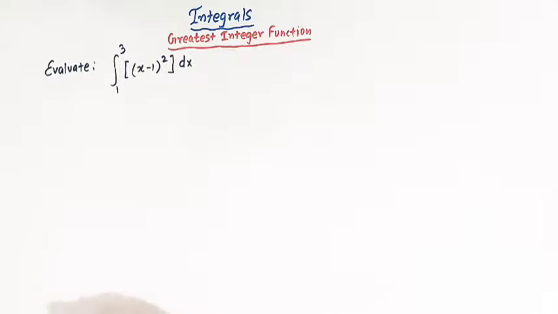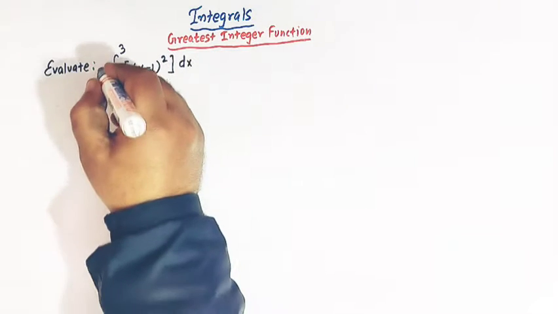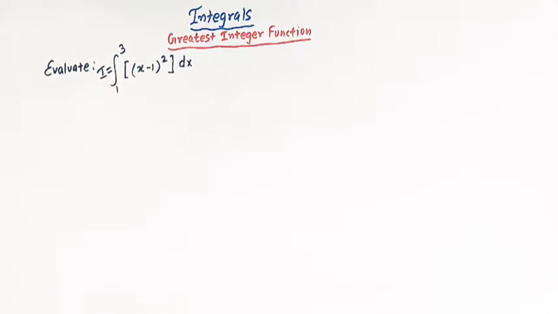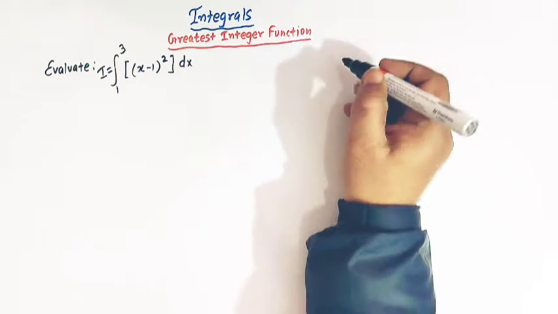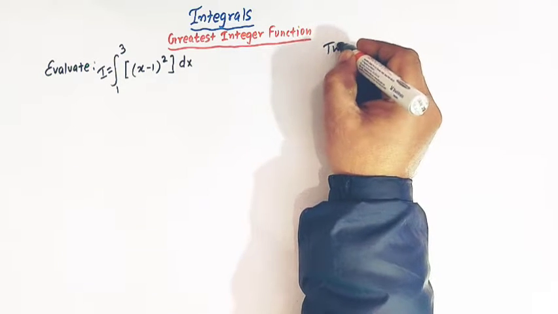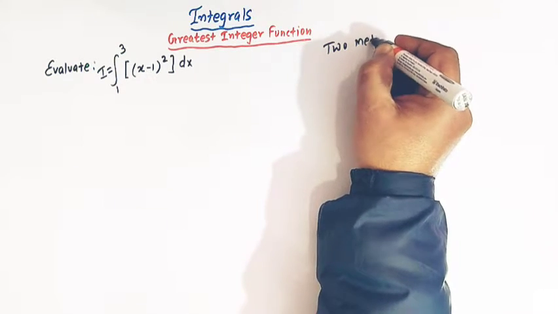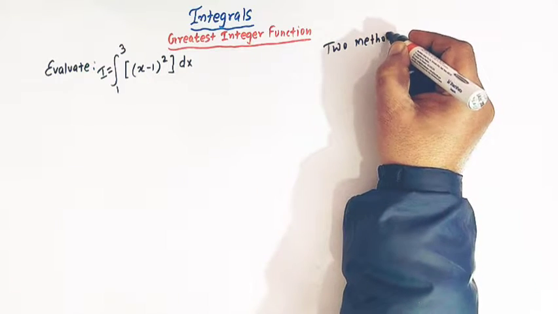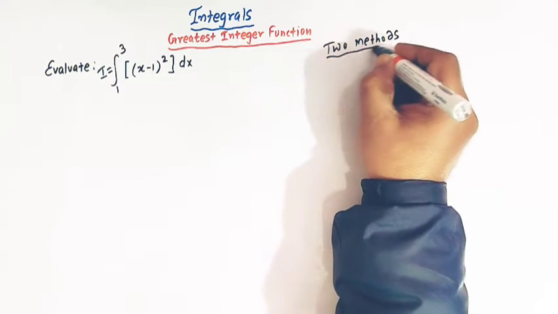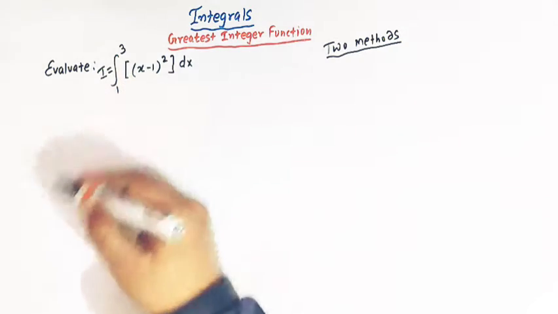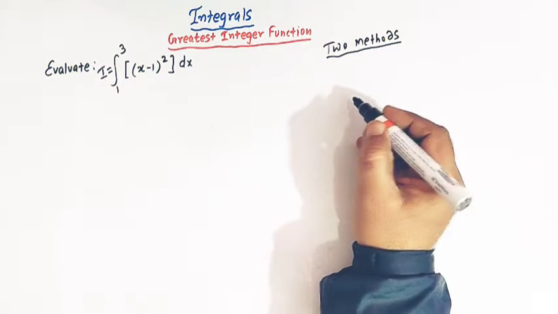Let us start and first take this integral as I. Viewers, we can solve this integral by two methods. We have already uploaded integrals of this kind in our previous videos.